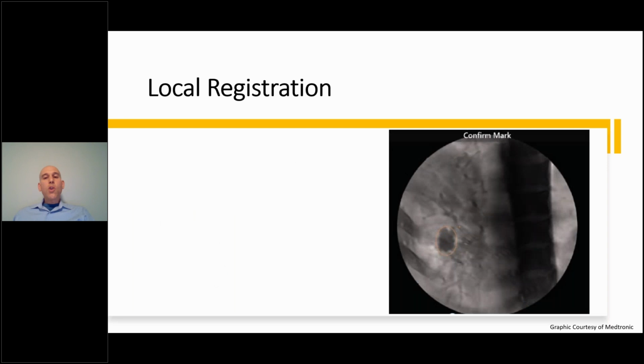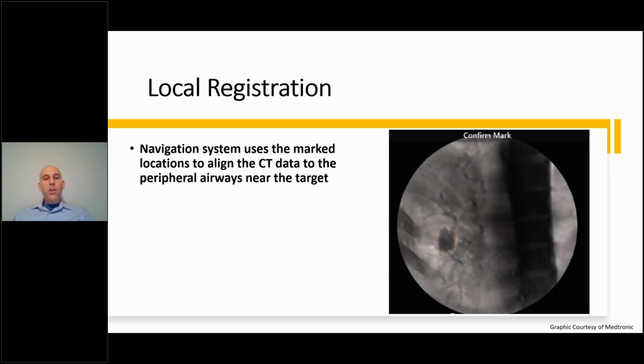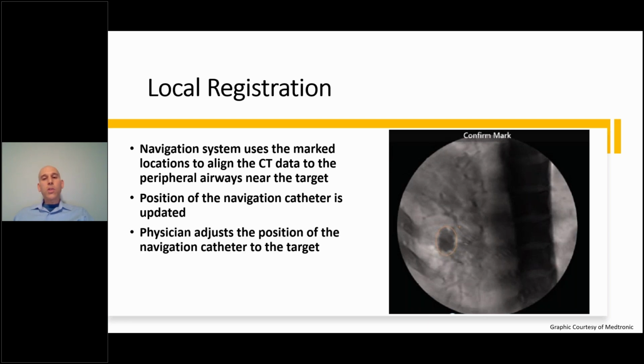So once you know where the lesion is in real time, then you can say, well, where's my nearest airway and where's my catheter and locatable guide that's going through that airway? Let's relocate that and let's realign that to the lesion. So once you've updated your navigation catheter as well, you can then adjust the position of the catheter in relationship to the lesion in real time that you've just identified during that fluoroscopic sweep.